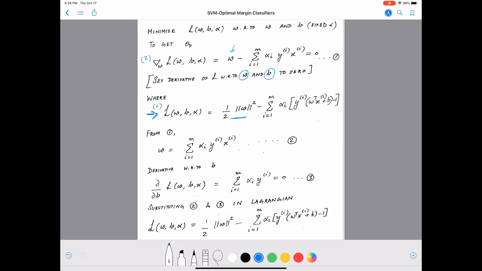And then the second term, we have the sum over i equal to 1 to m training examples, alpha i, yi, w transpose xi plus b minus 1. When we differentiate with respect to w here, we only get the coefficient of w because we are differentiating with respect to this. So there are two terms here.